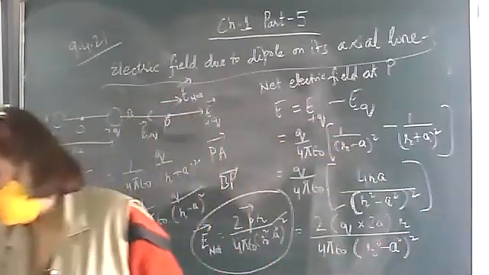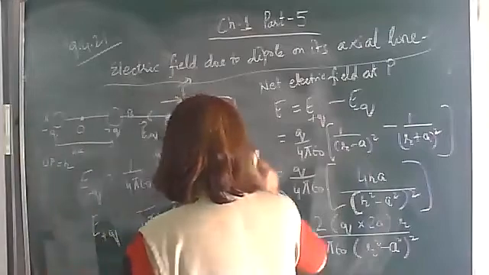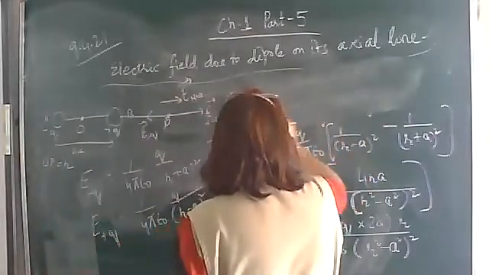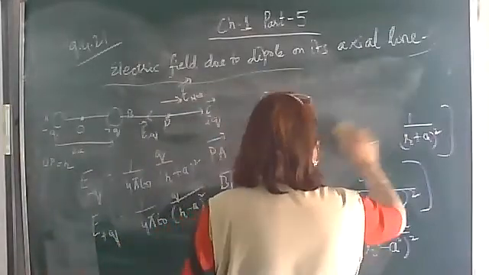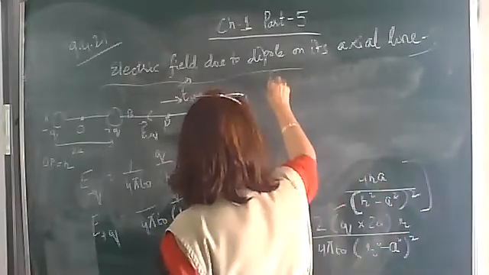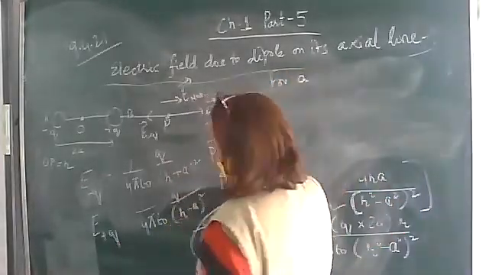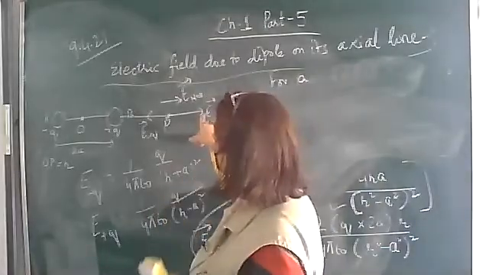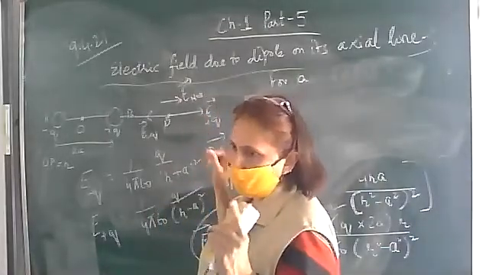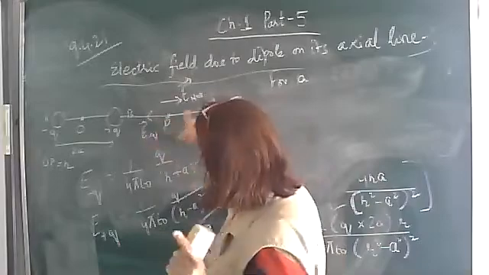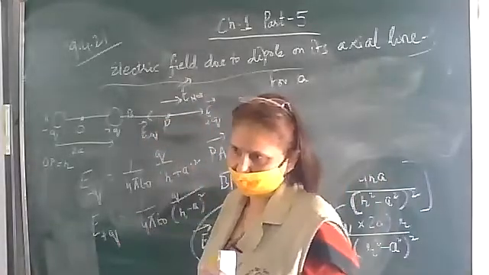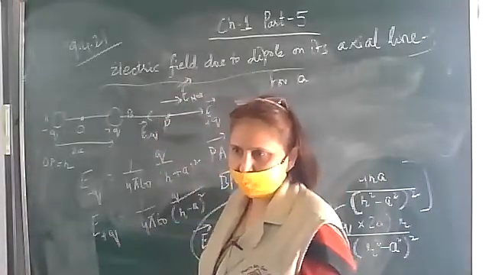Now one case here we'll consider for a short dipole. Short dipole means whose dipole length is much less than the distance r where we are finding out. That is, this point P is very, very far away. It means it is a short dipole.